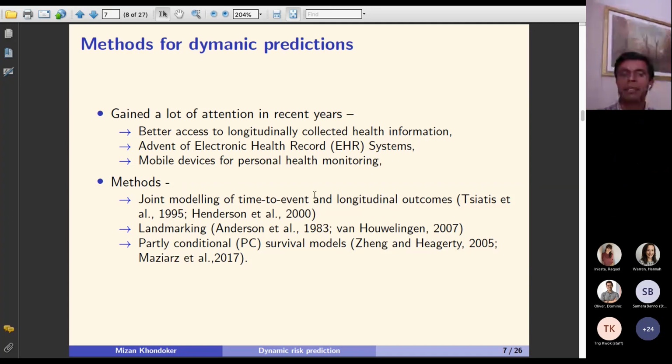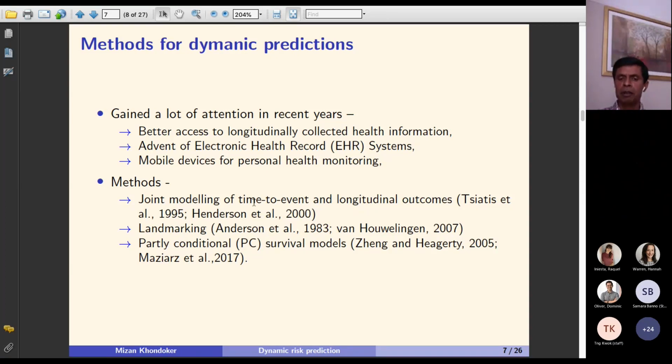Several methods have found applications in the literature for dynamic prediction: joint modeling, landmarking, and partly conditional modeling. These three are the most commonly cited methods for dynamic prediction. I will give a brief overview shortly, but briefly, joint modeling is based on a very rigorous statistical framework because it jointly models the distribution of the longitudinal marker as well as the time to event process. But it is computationally intensive.